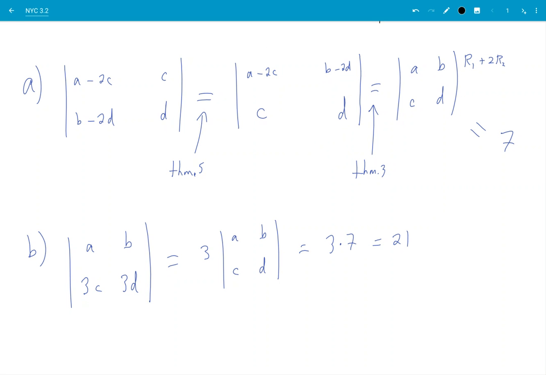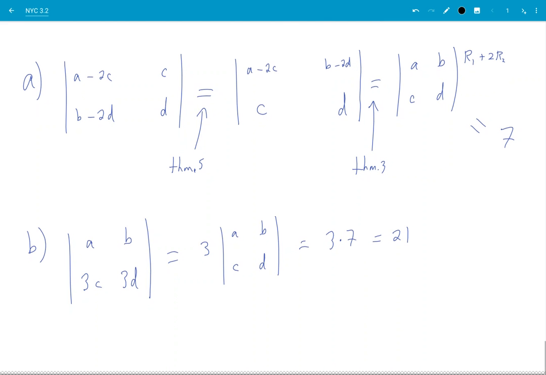I could have instead have done a column operation first. I could have done column 1 plus 2, column 2, right? And then a transpose afterwards. And then I would end up in the same place. Well, the question is, well, can I always do that? Can I do column operations?